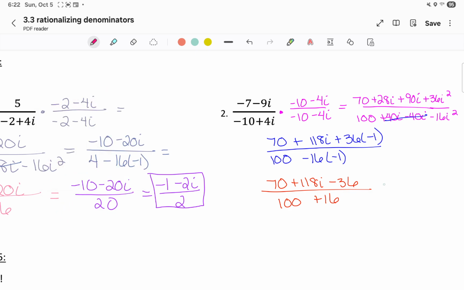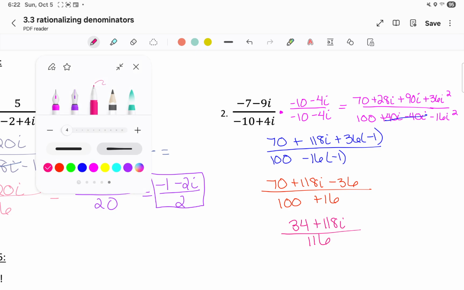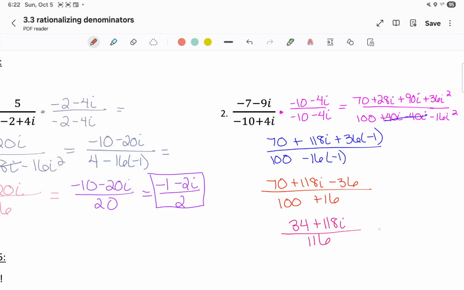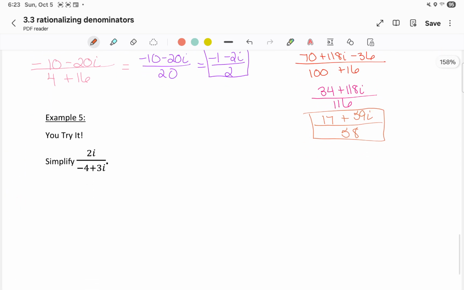So then we have 70 minus 36. That is 34 plus 118i over 116. So we are almost done, but this can simplify actually by 2 at least. So we are going to simplify by 2. That gives us 17 plus 59i over 58. And that would be our final answer for it.